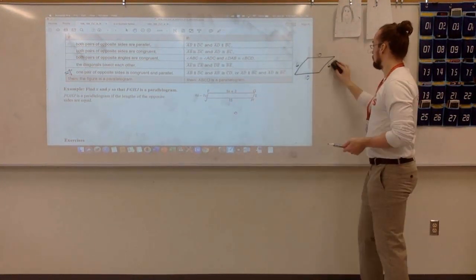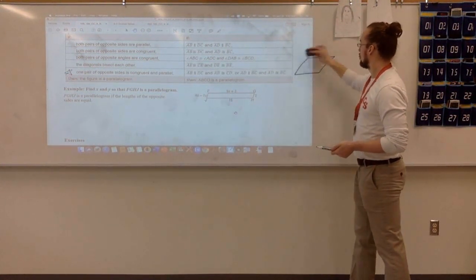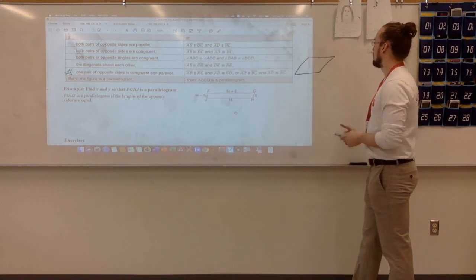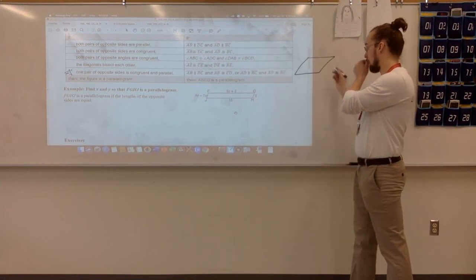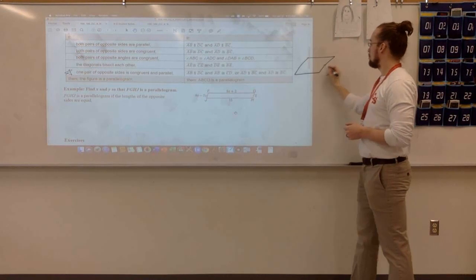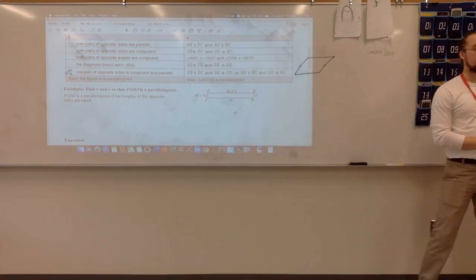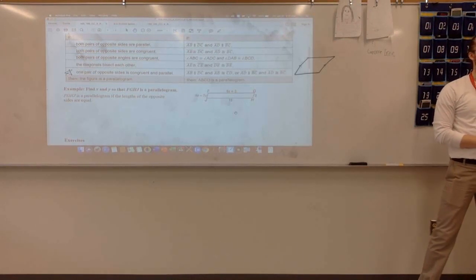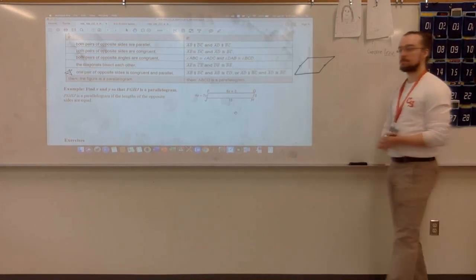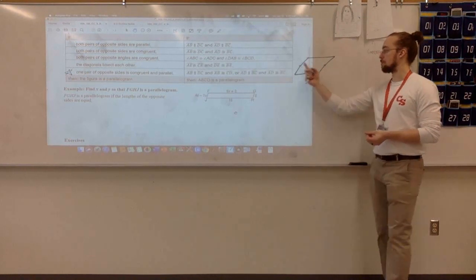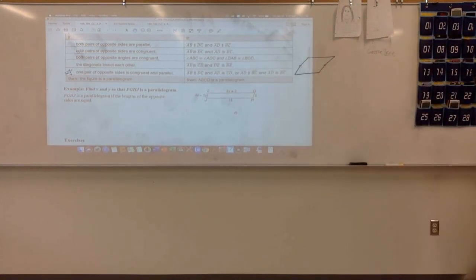What if I say these two sides are parallel? Is that enough information? If this pair of sides is parallel, is that enough information to say that this is a parallelogram?